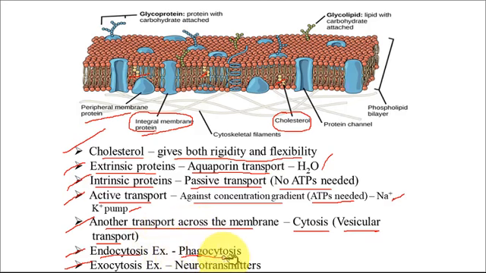Examples are phagocytosis, pinocytosis, and so on. Whereas exocytosis has the example of neurotransmitters, where signals are sent outside the cell. So this is an example of exocytosis, where the material or signal is sent from inside to outside the cell. The neurotransmitter is the example for that.